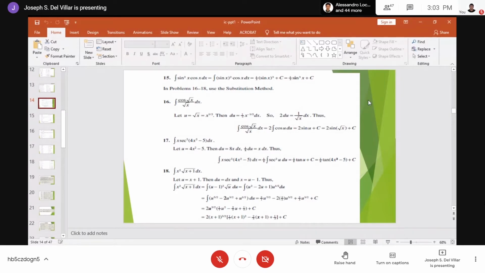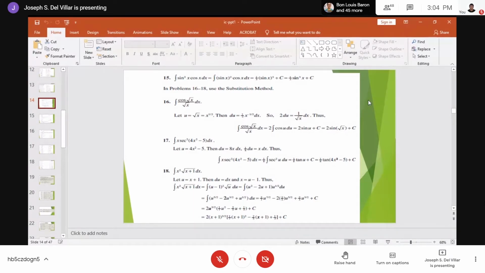So you now substitute. The cosine x dx will cancel, sir. It is beside the sine x in the given. So if you substitute, that will be u squared du, di ba? So integrate now u squared du. That is simply u cube over 3, or 1/3 u cube plus c.